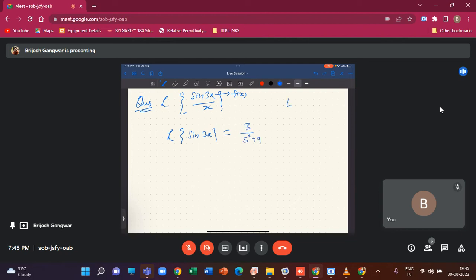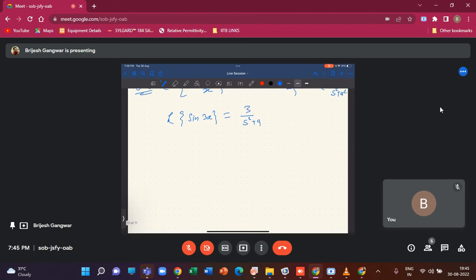Again the formula I will repeat: Laplace of sin ax is a upon s square plus a square. So for sine 3x upon x, we integrate from s to infinity, putting t instead of s, so 3 upon t square plus 9 integration dt.